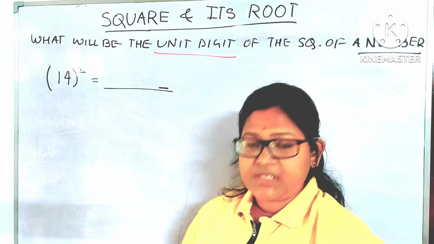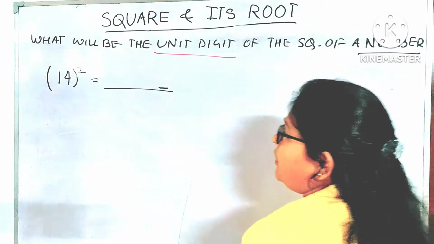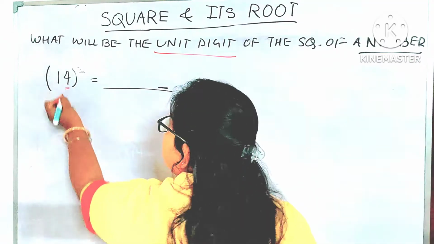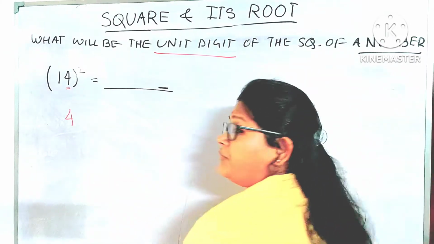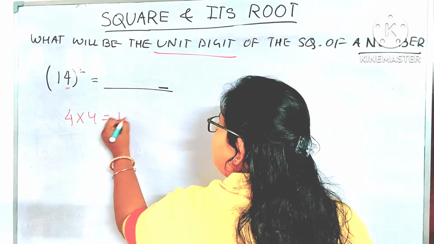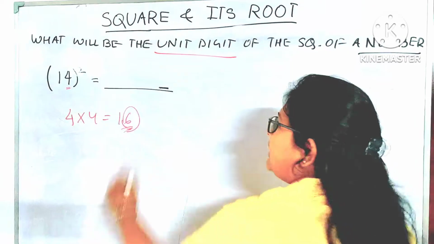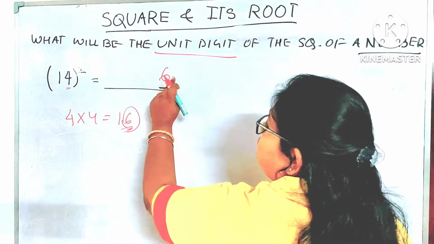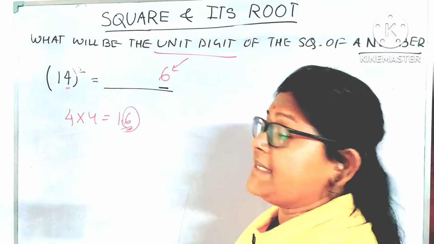My only tip in this case is, first I will look at the number 4. The unit place of 14 is 4 and I will find the square of 4, 16. What is the last number? 6. Hence, the unit place of the square of the number will also be 6.